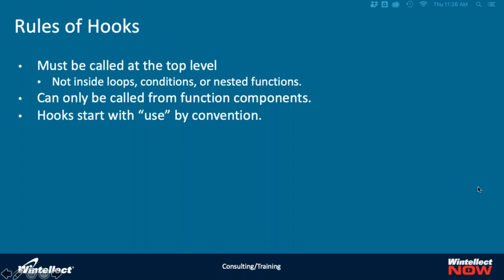Hooks must be called at the top level of your component, and not inside of loops, conditions, or nested functions. This is a really important rule. And the basic reason is that the way hooks work, with every render of a component, React depends on these hooks being called in the same order.